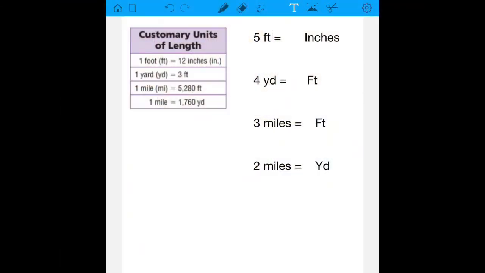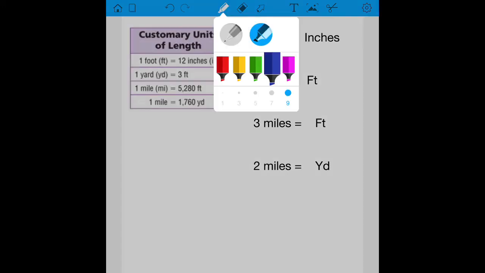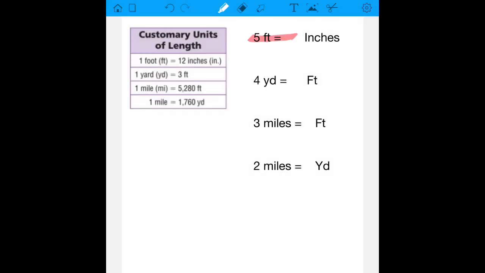Let's start by taking a look at some of these problems over here on the right side. On my very first problem, I have 5 feet equals blank inches. So I'm going to look over here at my chart and I can see that 1 foot equals 12 inches. So if 1 foot would equal 12 inches, 2 feet would equal 24, 3 would equal 36.